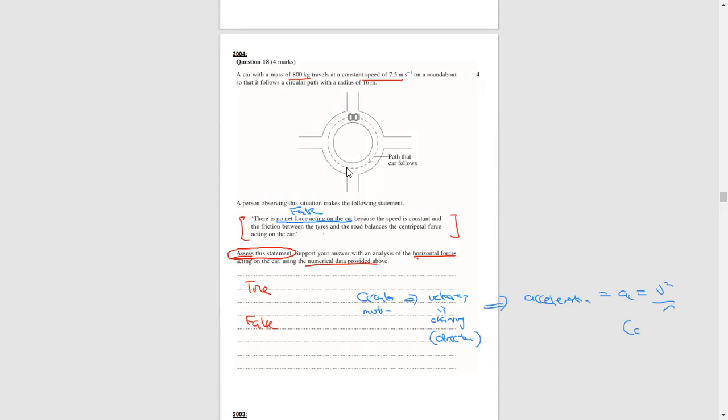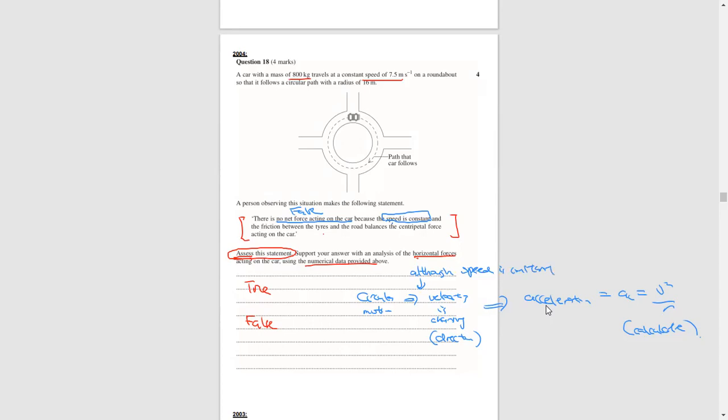And in this case, you would calculate it. And that then specifically means that we would address the fact that it's false because although speed is constant, we would put that in here. Although speed is constant, velocity is changing because velocity has direction and hence acceleration. So we would specifically address that part of the statement.